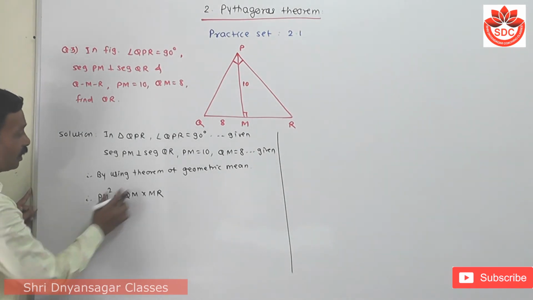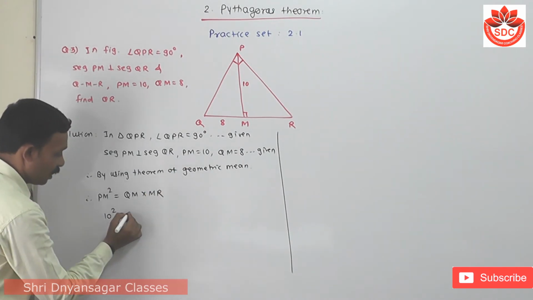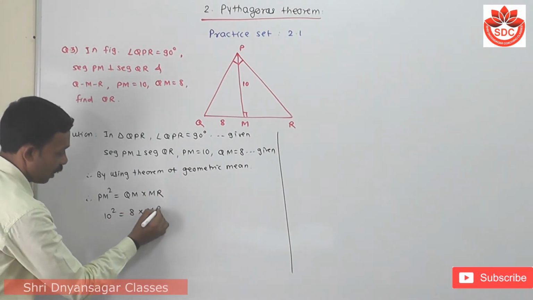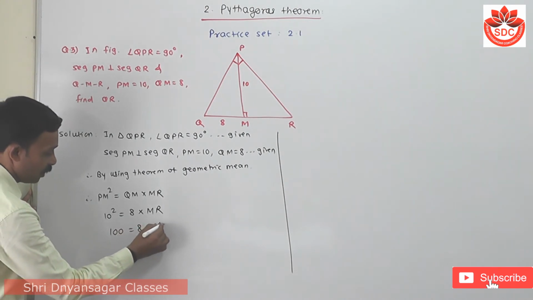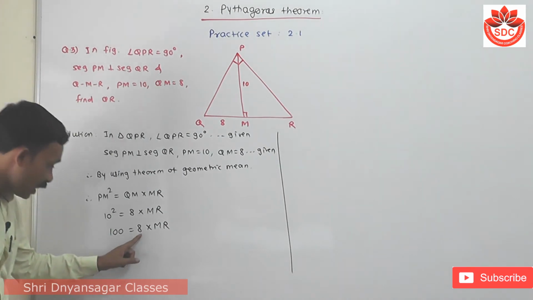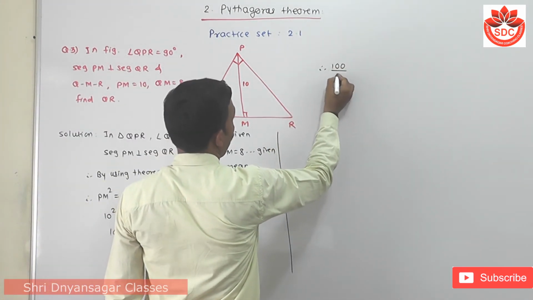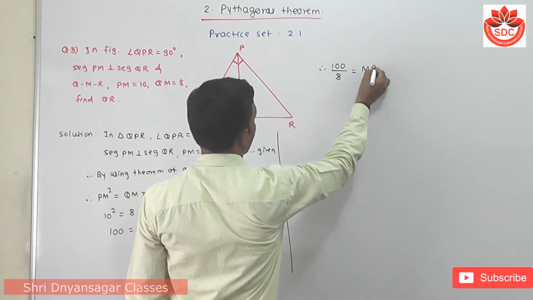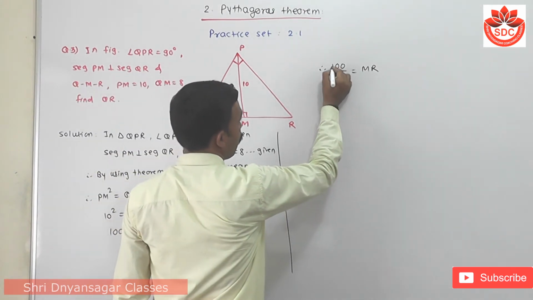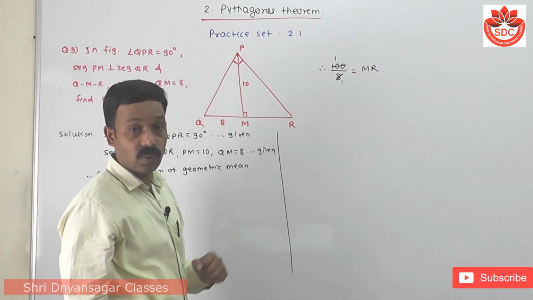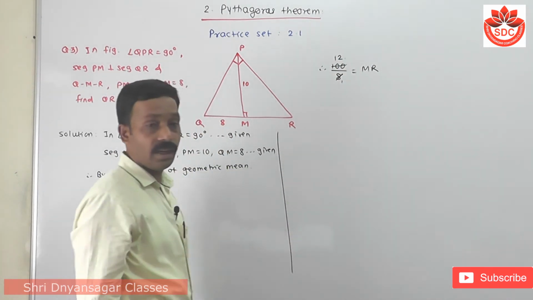Then we substitute the values. PM is given as 10, so 10 square is equal to QM, 8, into MR. Then 10 square is 100, equal to 8 into MR. Then transposing this 8 to the other side, we get 100 upon 8 is equal to MR. We can simplify by dividing by 8. 8 ones are 8, 8 ones are 8, carry 2, becomes 20, 8 twos are 16, remaining is 4.